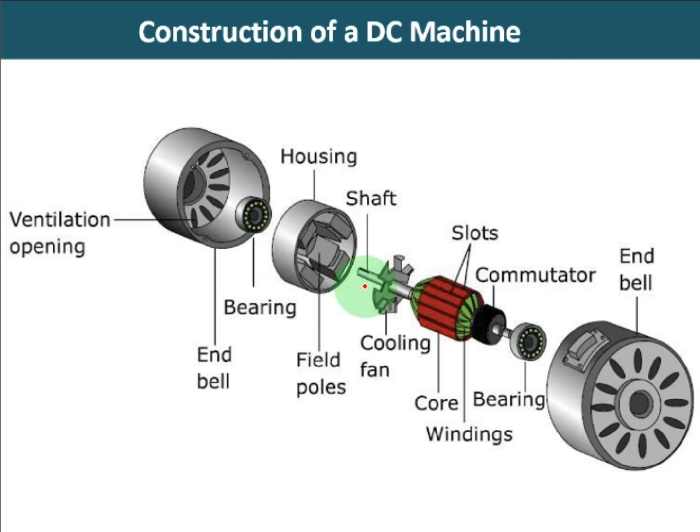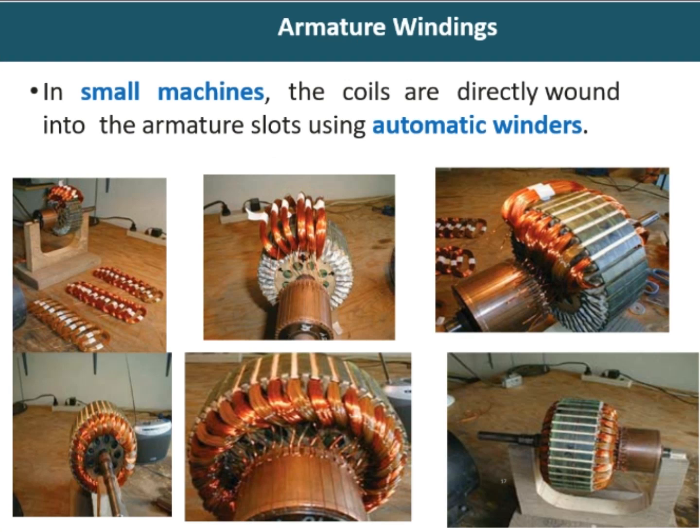Right, then if you look at the armature windings with some photographs, the armature windings are like this. Sometimes these windings can be done manually by hand, or you can use automatic winders to wind up these coils.